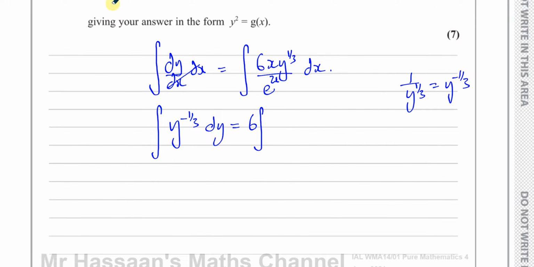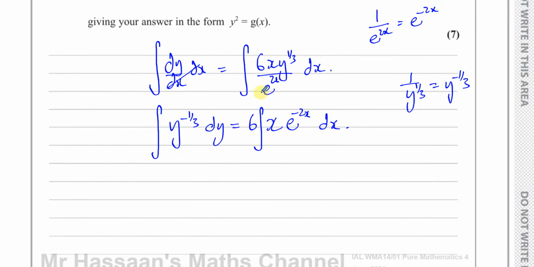I'm just trying to make my life easier for when I get to actually integrate. And I've got x, the y to the power of a third already divided out, and e to the power of 2x in the denominator. Again, 1 over e to the power of 2x is the same as e to the power of negative 2x, just by the laws of indices. So I can write this as x times e to the power of negative 2x.